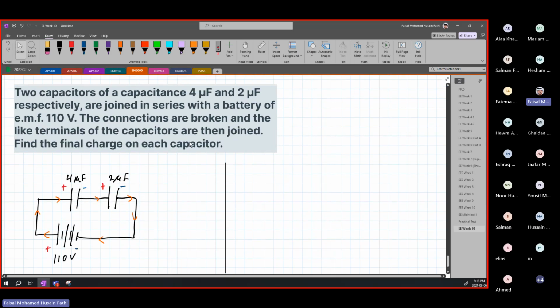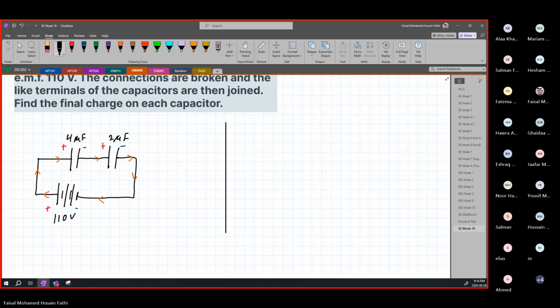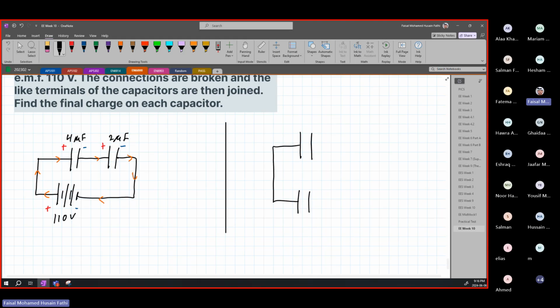The connection is broken with the battery, remove the battery, and the capacitors of like terminals are joined. Meaning the capacitors got joined together like this. All right, so the positive side is connected with the positive side and the negative side is connected with the negative side.